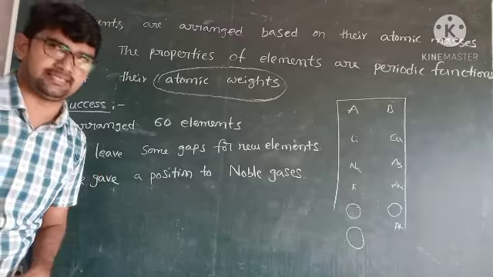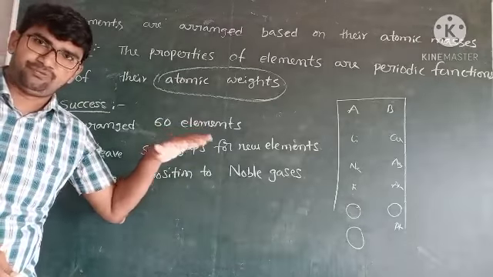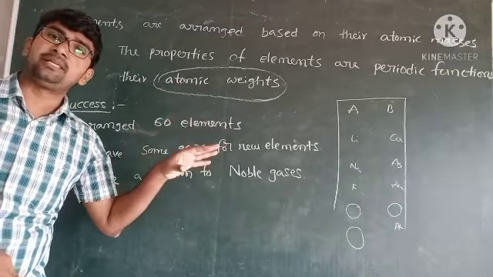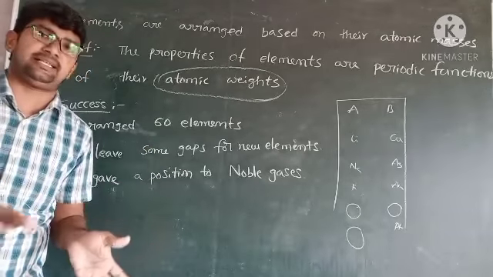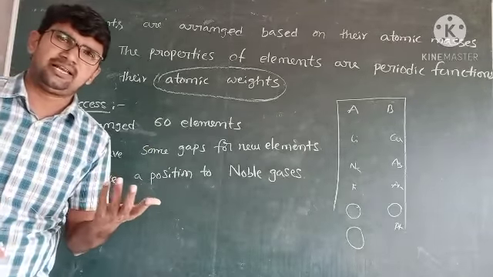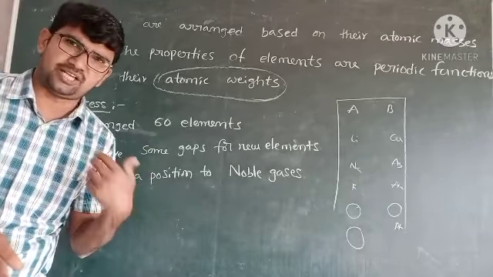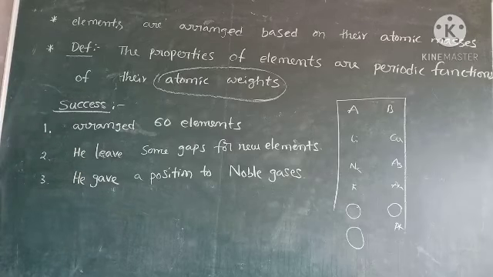These are all the noble gases. That means before this scientist, Dobereiner, Newlands, Lothar Meyer, did not give any place for noble gases, because of course they had not been discovered. But this person gave a position to the noble gases.